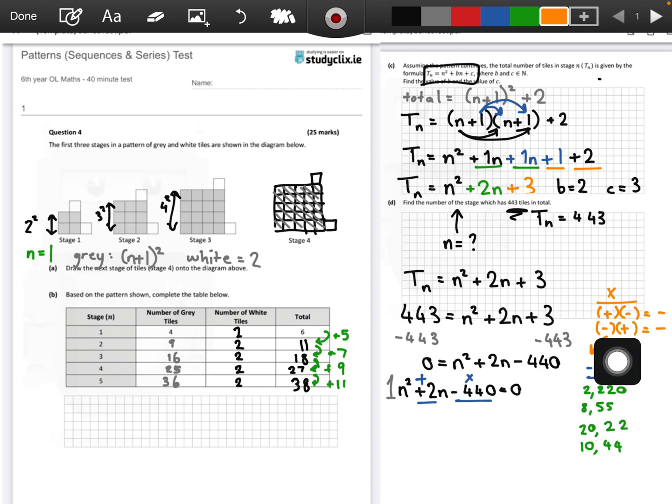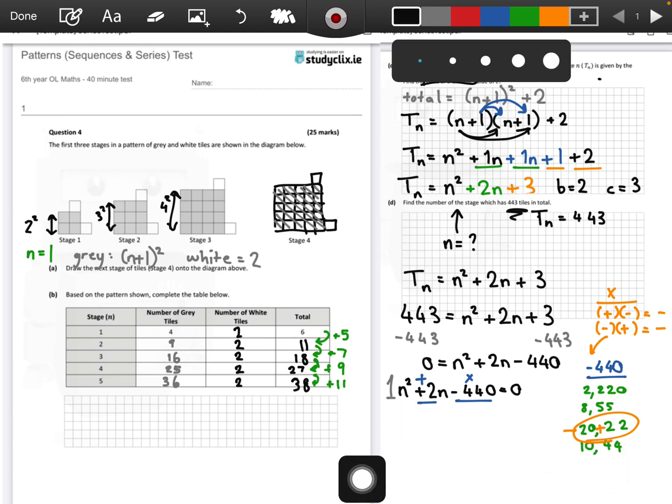So I'm looking for ones that have opposite signs, I suppose. So I'm going to have a difference of the +2. So I'm going to go with this 20 and 22. Which one am I going to make minus and which am I going to make plus? Well, it's going to be a -20 and a +22, so that they add to give me a +2.